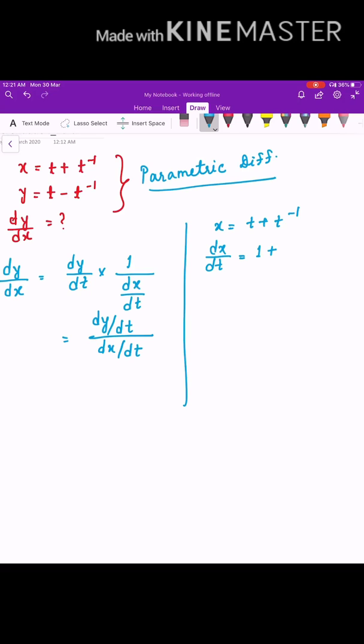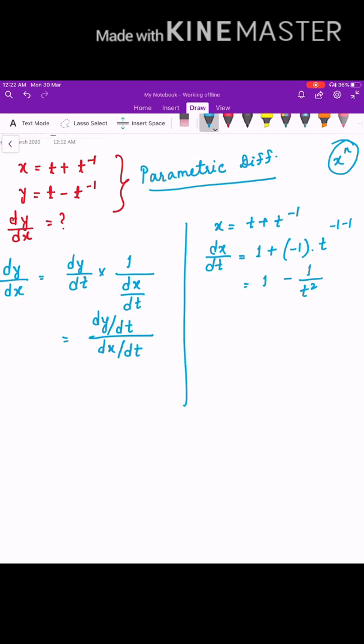Please apply the very first formula, x to the power n. If I differentiate x to the power n, I get n into x to the power n minus 1. So here n is minus 1. It becomes 1 minus 1 by t square, because t to the power minus 2 becomes 1 by t square.